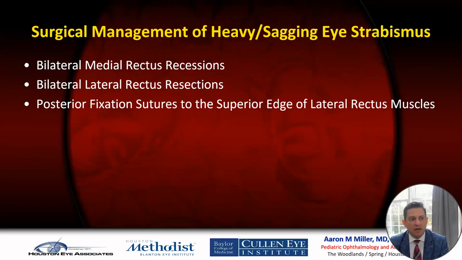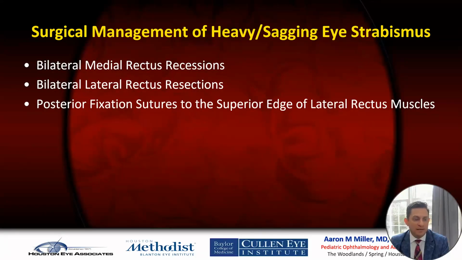Whenever I've done R&Rs and I'm looking at the lateral rectus, I might do a limbal incision just to get a better exposure. And when I resect, I'll then augment the surgery by placing a suture at the superior edge of the lateral rectus and then tacking it down to the sclera directly to recreate a more normal anatomical pathway into the posterior orbit for that muscle.